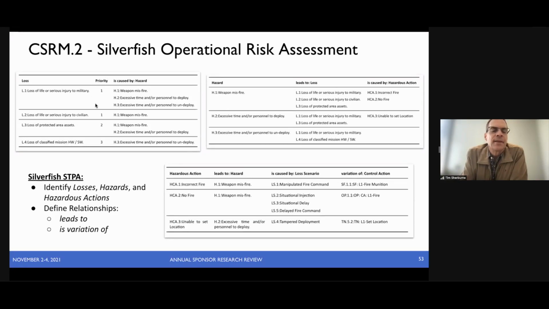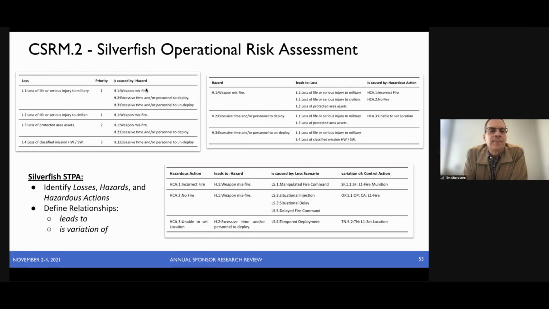Additionally, the operators or mission owners give a priority ranking of what's the most important thing they're worried about for the Silverfish system.